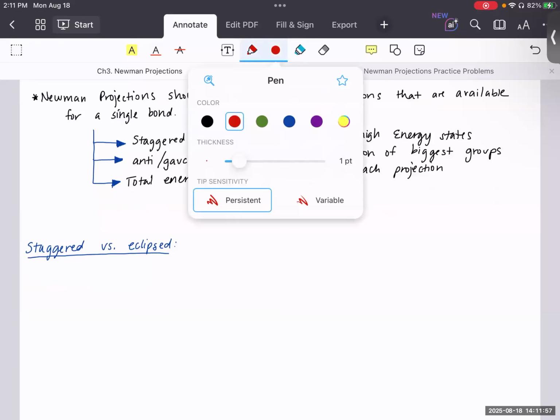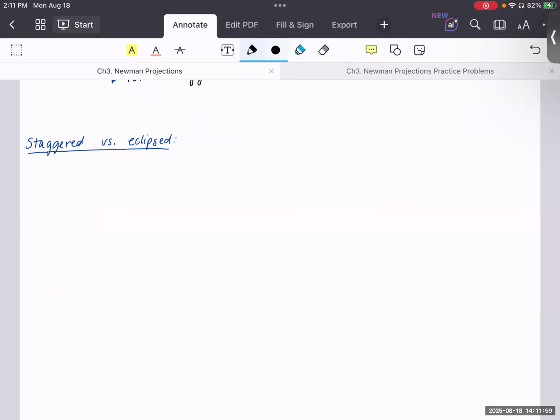All right, so first let's discuss the staggered versus eclipsed conformations. So let's say that we have this molecule, and we'll use this molecule throughout this entire video. So we have 1-bromopropane. If we were to draw the Newman projection down this middle bond right here, we would have that bromine going up, that methyl group in the back going down, and then we have hydrogens like this.